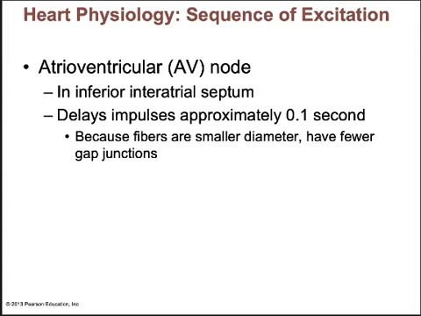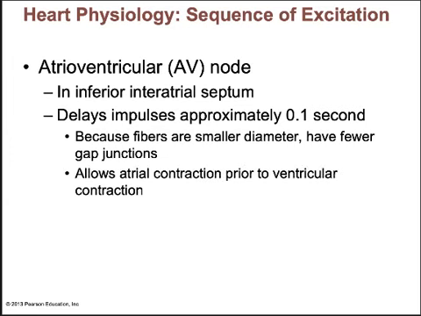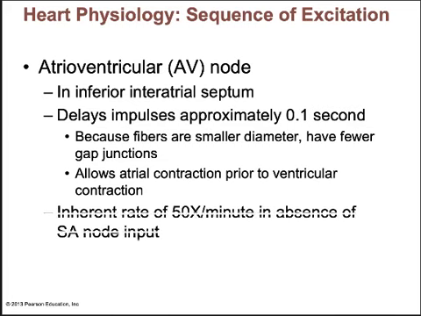It gives the ventricles a chance to fill with blood. The reason for the extra resistance here is the smaller diameter fibers and fewer gap junctions. This lets atrial contraction finish prior to ventricular contraction and allows the ventricles to fill with blood.